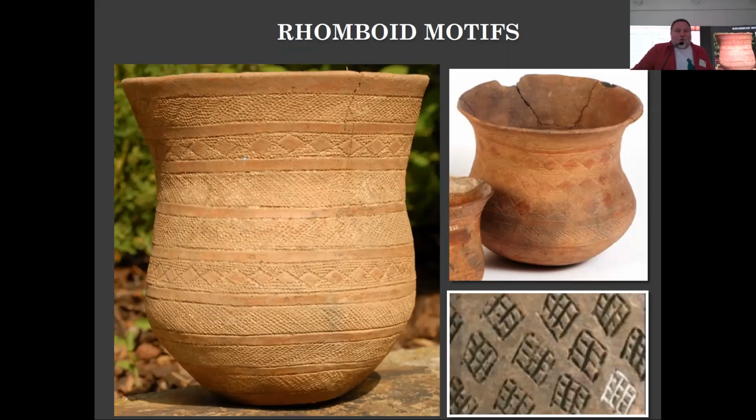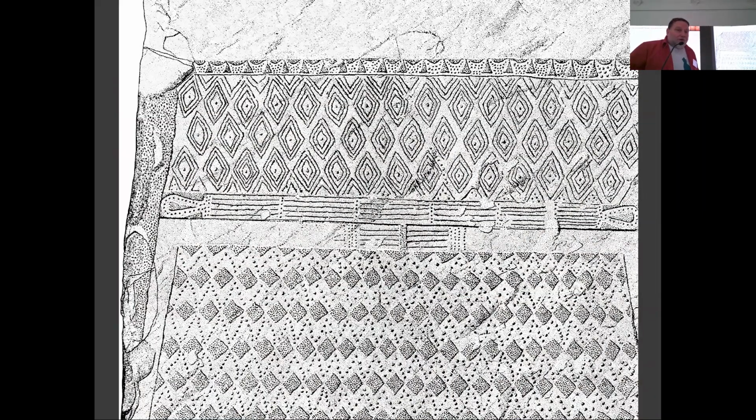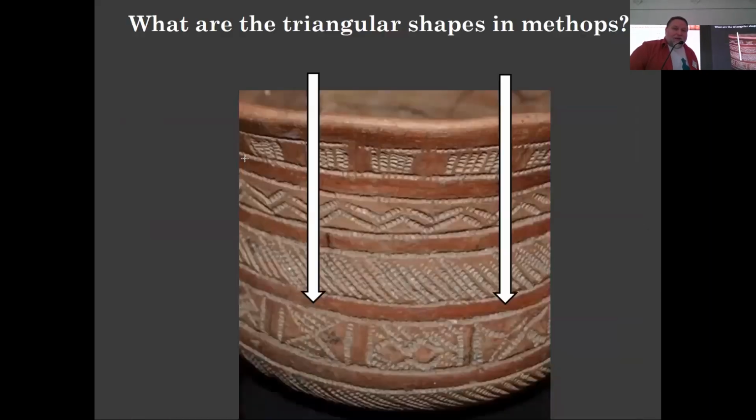It was used also, for example, in this case of the globular amphora culture. And also the rhomboids are a very important part of the dressing of the figural stelae from, for example, Sion Petit Chasseur.